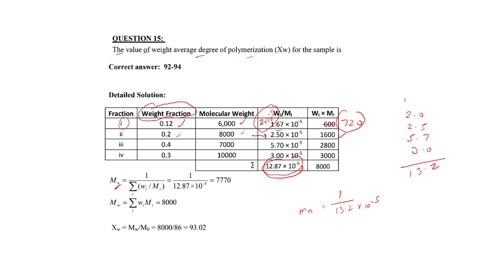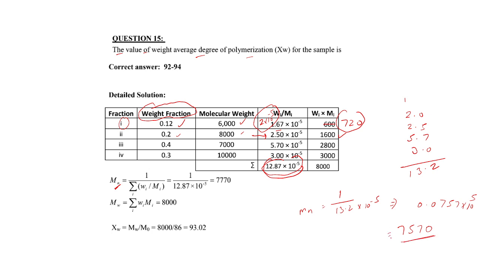When 1 is divided by 13.2, you get around 0.0757, multiplied by 10 power 5, because now the power will be positive. So it will be around 7570.